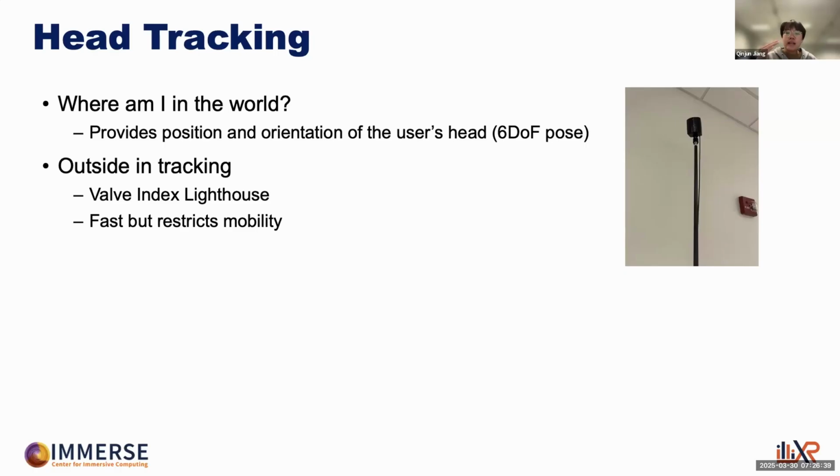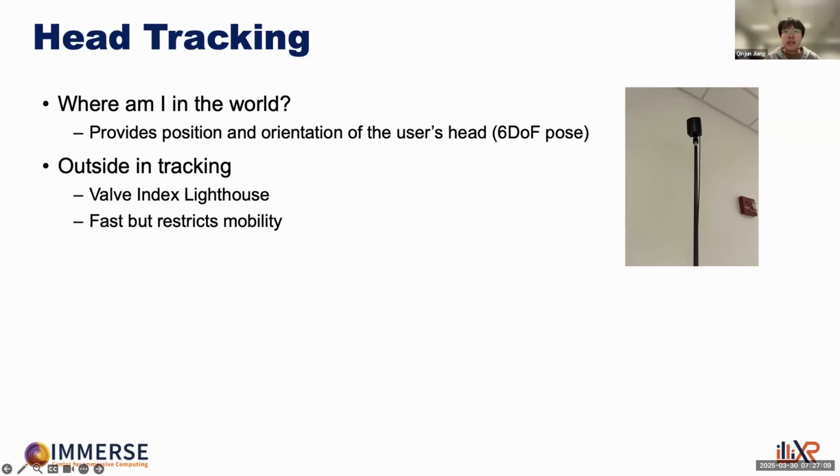So based on the timing of when the sensors receive the lights, the system can calculate a very accurate position and orientation of the user's head at high frequency. However, the drawback of the outside-in tracking approach is that it is a restriction on the user's mobility, because the user has to move inside the range that the base station can cover.